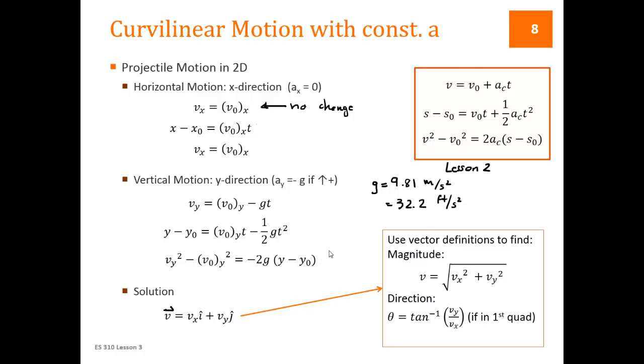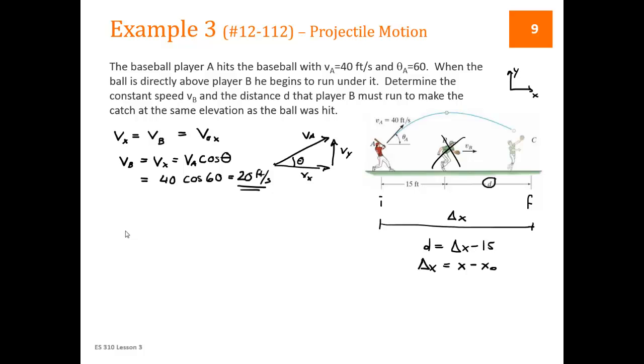So let's write down this one. So delta x is going to equal Vx times t, which is then 40 cosine of 60 times t. Alright, so that's one of our equations.